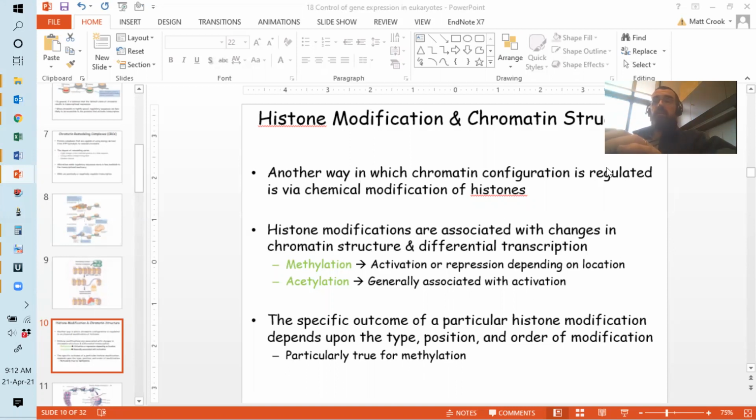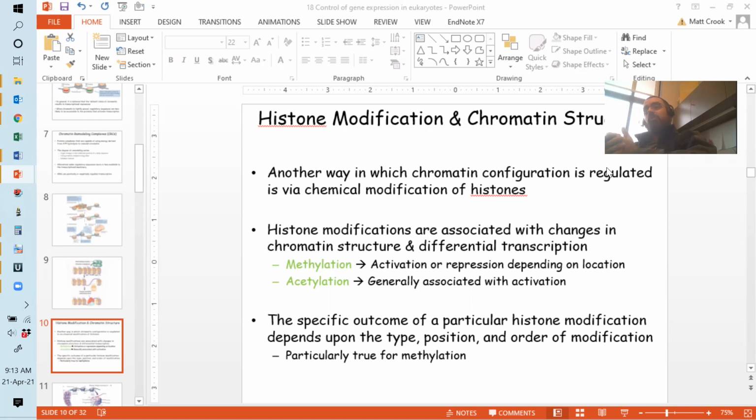And this is astonishingly complex. So essentially, in the case of histones, we're modifying the properties of the histone. And so here's a question to make you think.